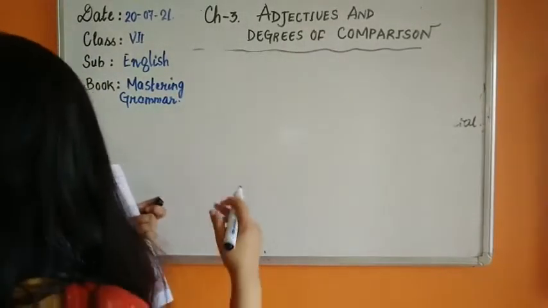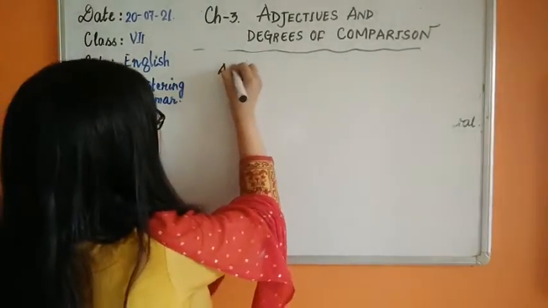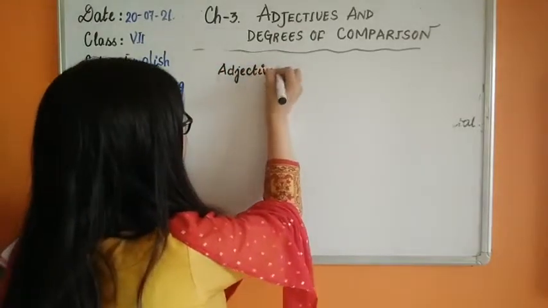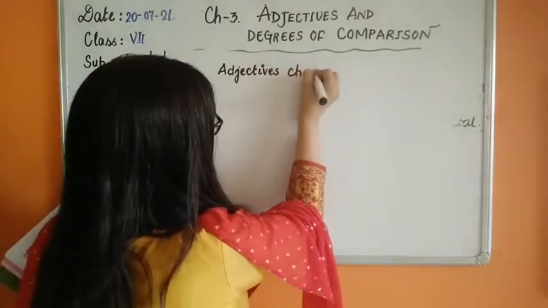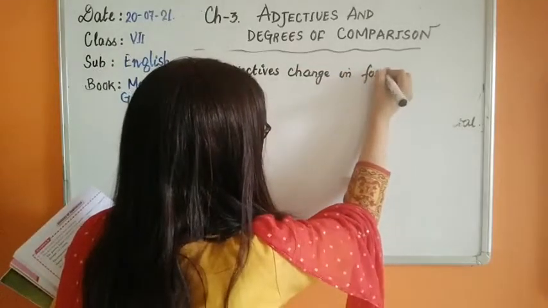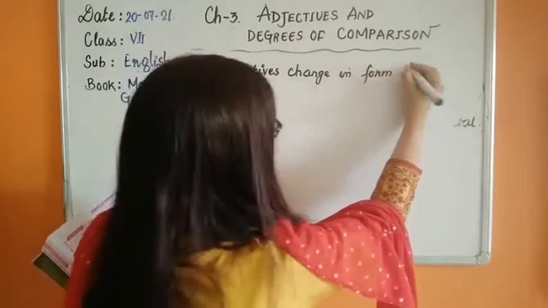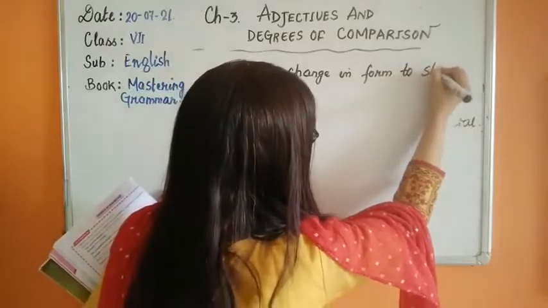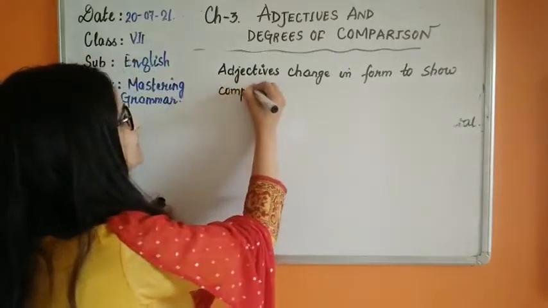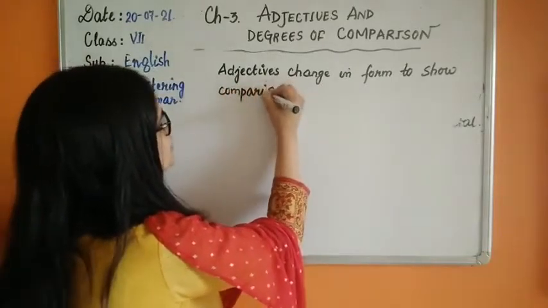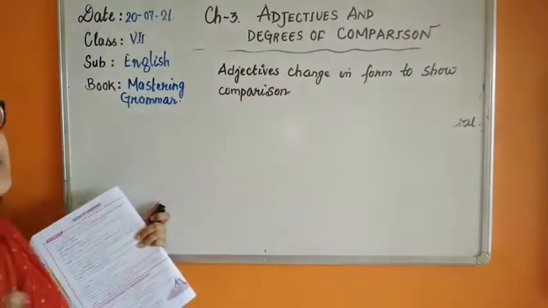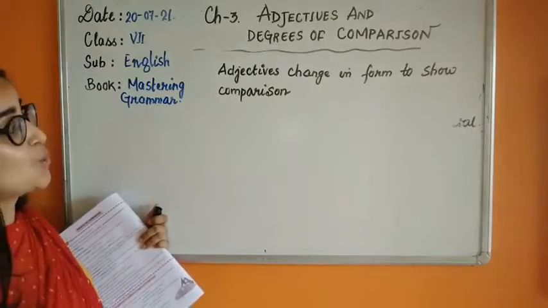So children, now you should know this: adjectives change in form to show comparison. Okay. You will see that either the letters have changed, or some letters have been added, or sometimes even some new word is added to show comparison.